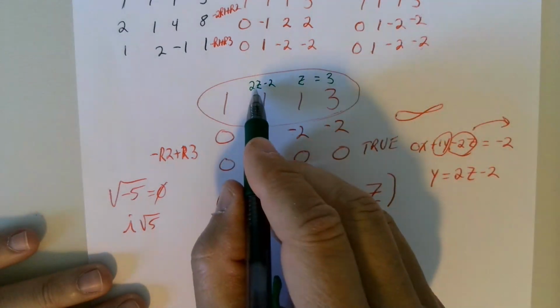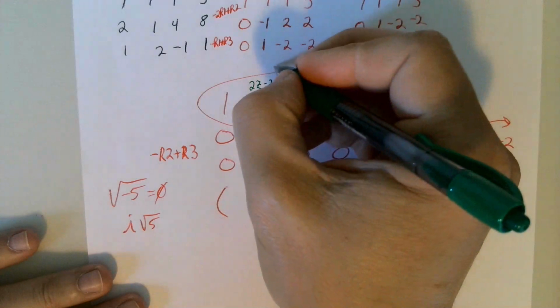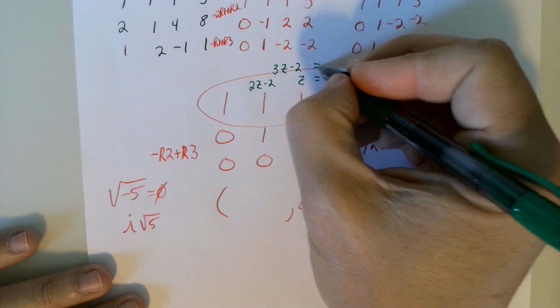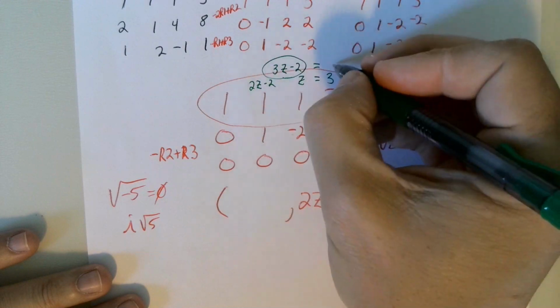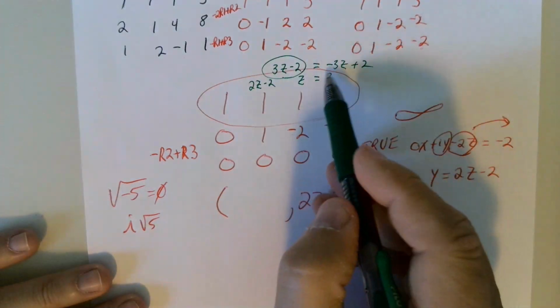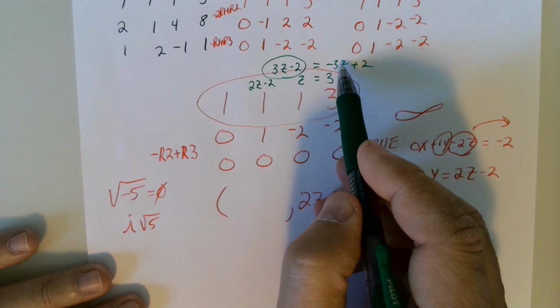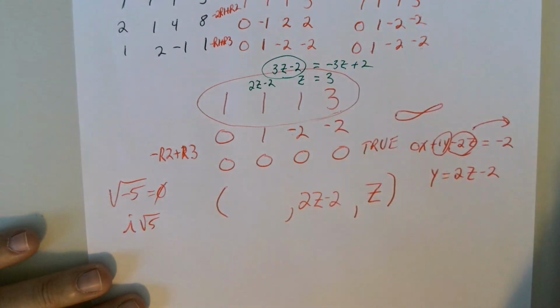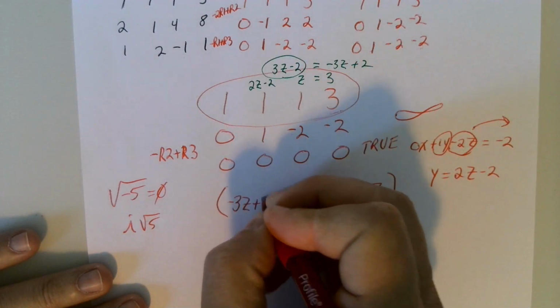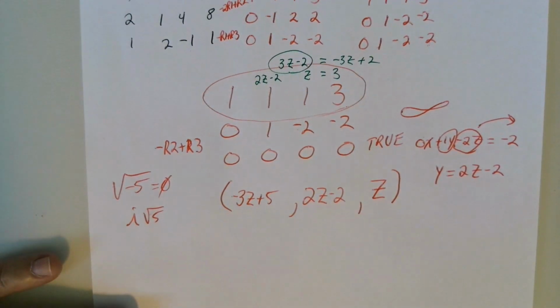Okay, so 2z and z is 3z, right? So that's 3z minus 2, and I have to move that to the other side of the equal sign. So that's going to be a negative 3z plus 2. So now I have negative 3z plus 5.